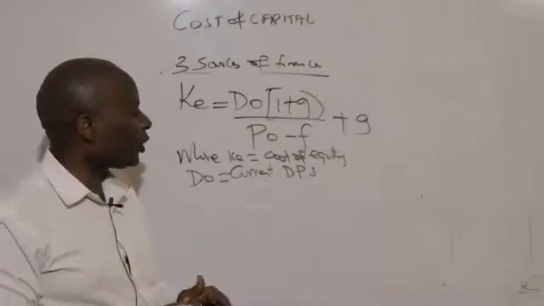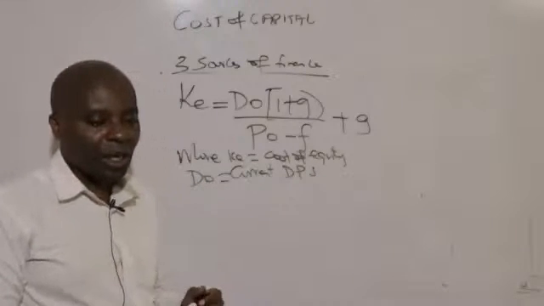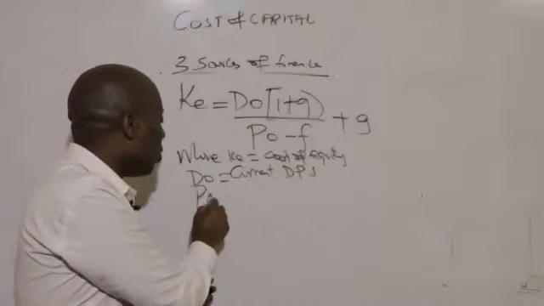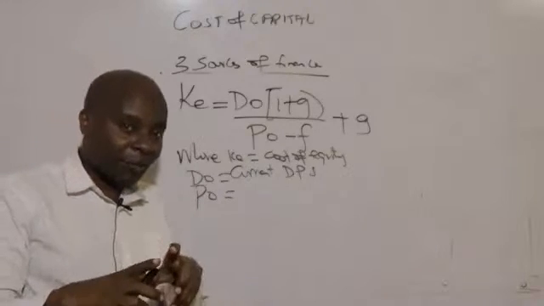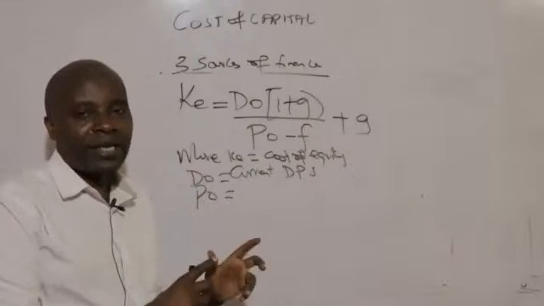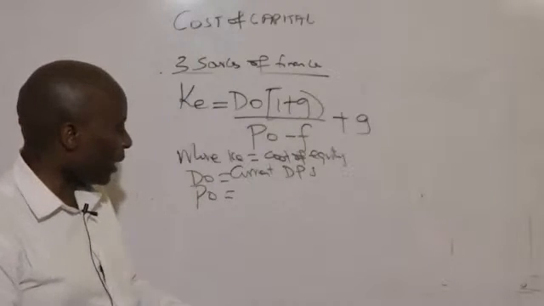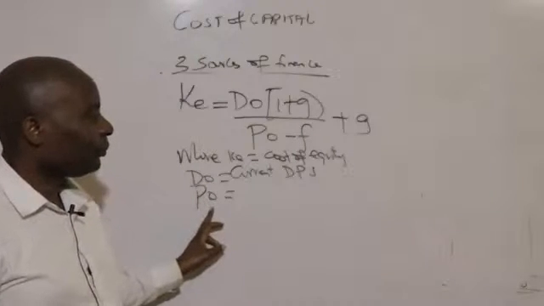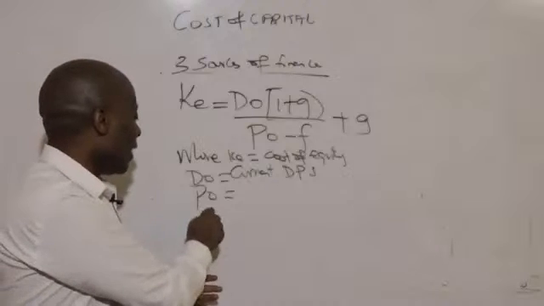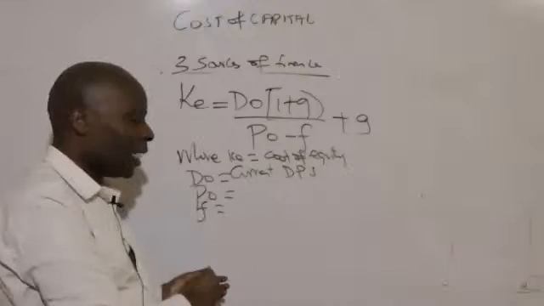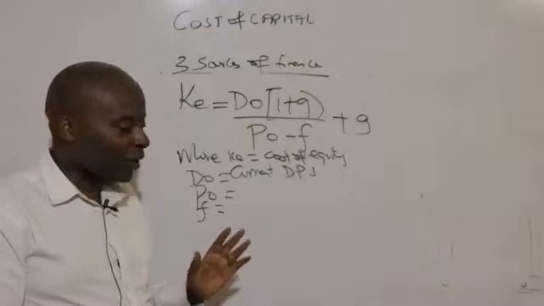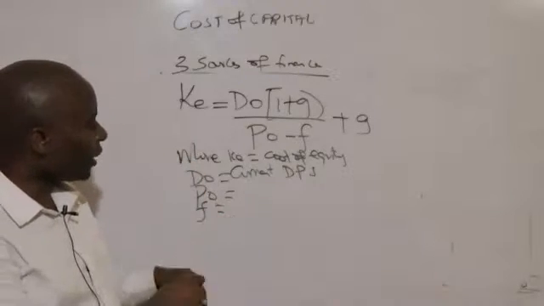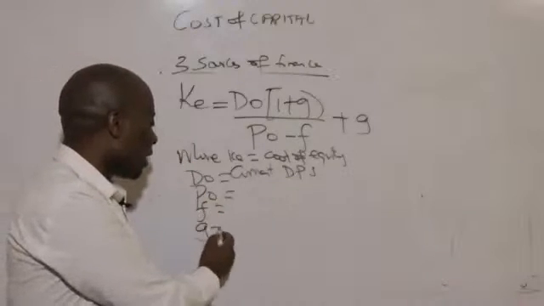And then we have P0. P0 is the current market price per share, current because of 0. And then we have got F. F, ladies and gentlemen, stands for what here? Flotation cost. And then we have got G. G stands for growth rate.